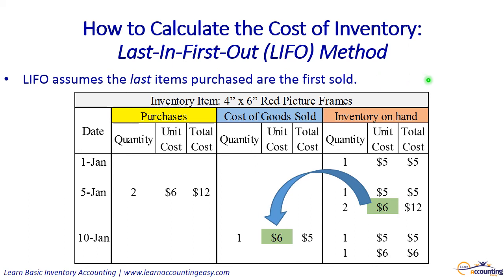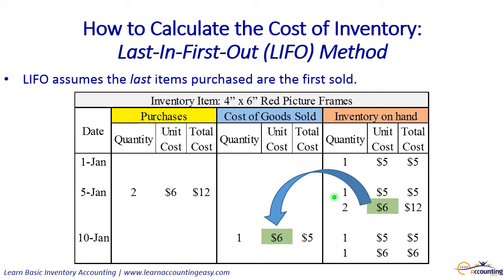In this case, we're talking about red picture frames, and the table is almost identical to the previous table for FIFO. The only difference comes into play January 10th when we sell that 1 picture frame. When we're asking, well, what was the unit cost that we should use for that frame, we're actually going to look at the last instead of the first item that we purchased.